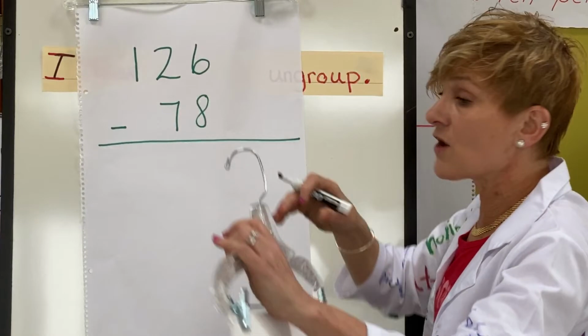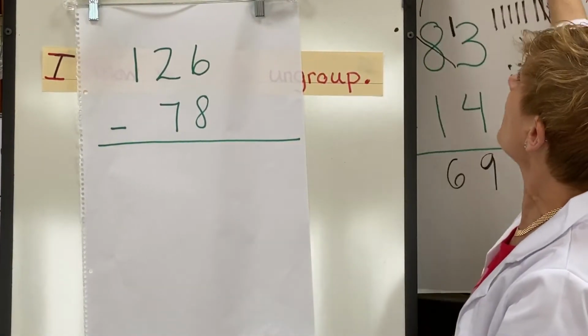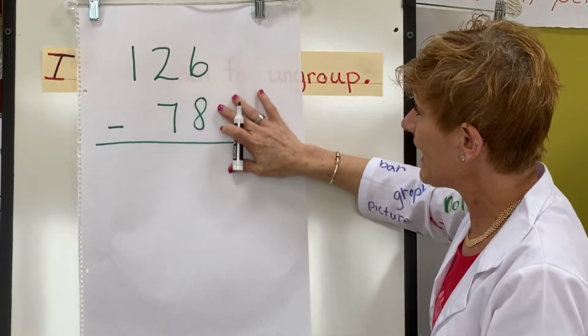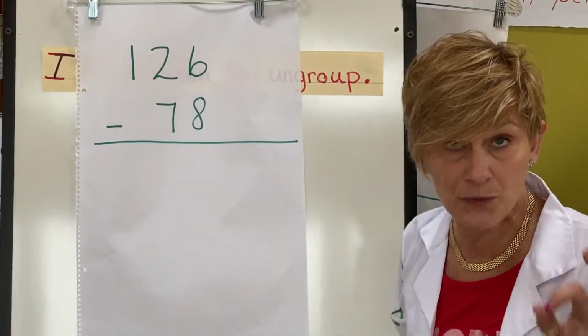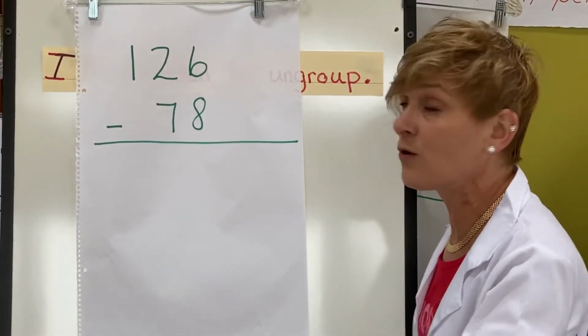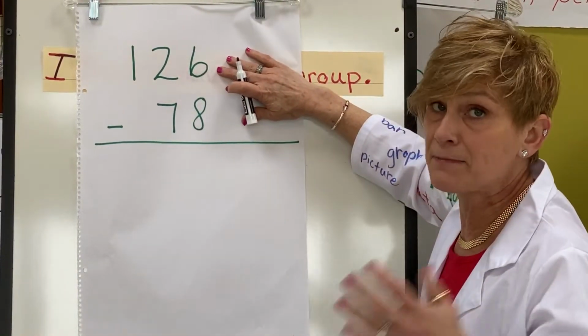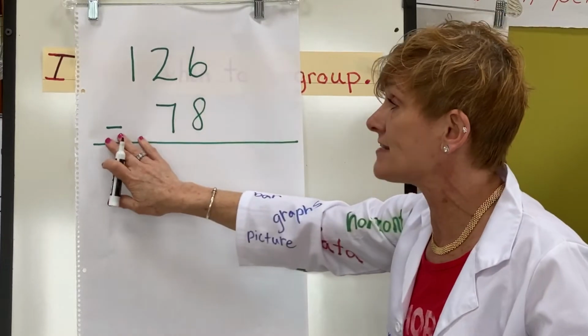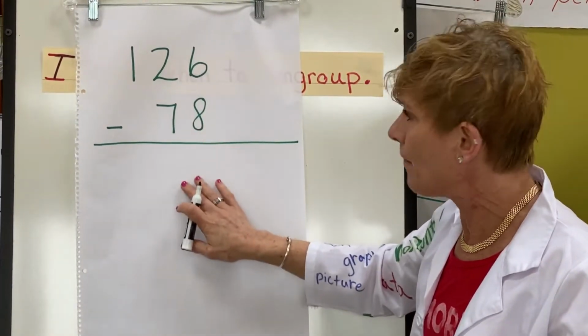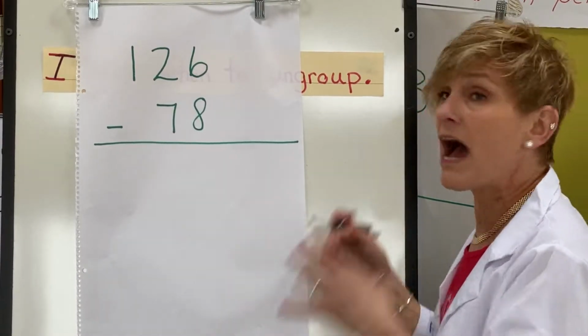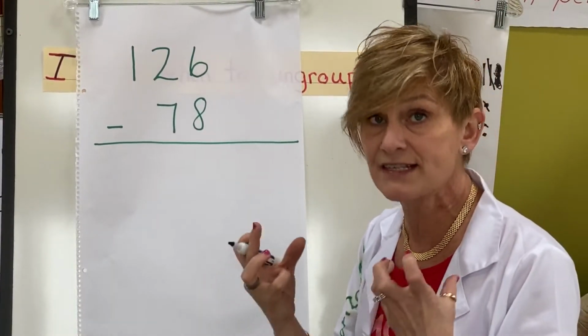This one is again going to ask you, do I know if I need to ungroup? Friends, I'm looking at this problem and it's 126 and I'm taking away 78. I have 126 beads and I lost 78. How many do I have left? I could make a picture of this number.